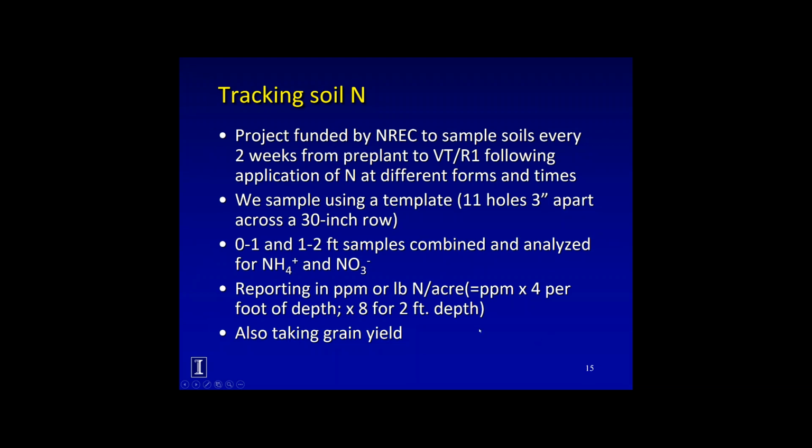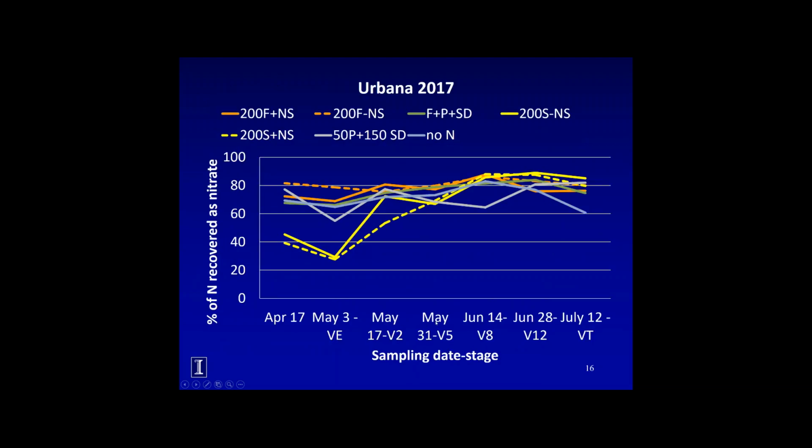So we're reporting these in parts per million or pounds of nitrogen per acre, which is parts per million times 8 for a 2-foot depth. And I'll just show you this as a quick example for time purposes. This is the percent of N recovered as nitrate in our trial last year near campus here.